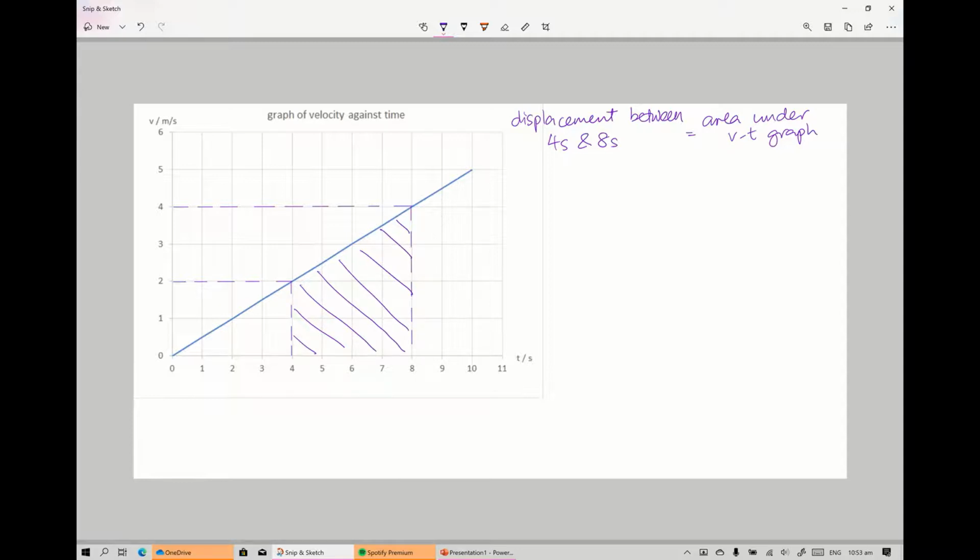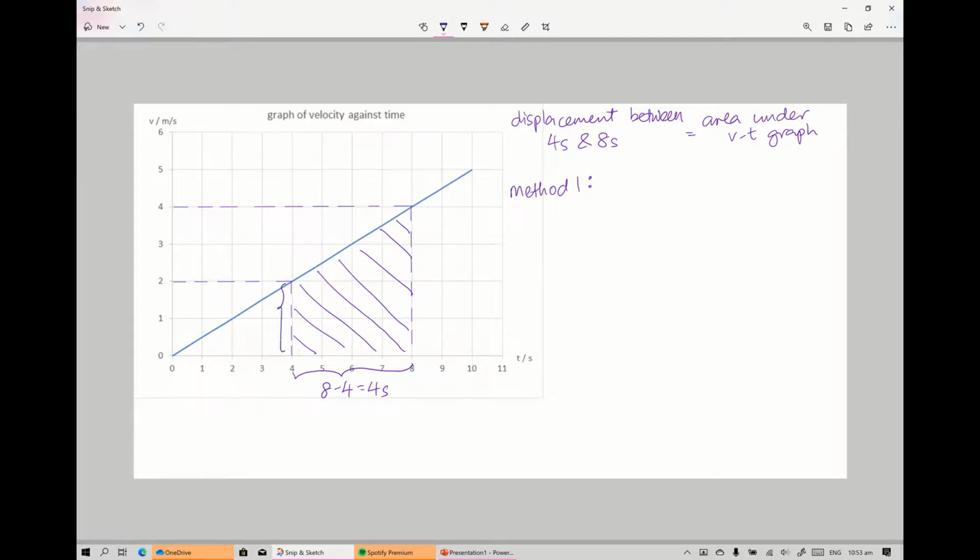So I'm going to show you two methods. Method 1, find the area of the trapezium. Over here, 8 minus 4 gives you 4 seconds.